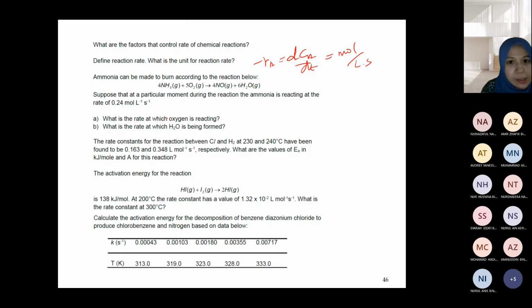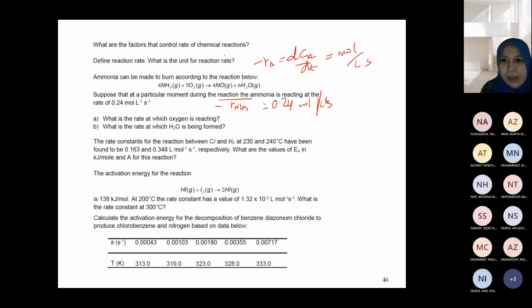So you kena kira sebab dia dah give you during the reaction the ammonia is reacting at the rate of 0.24. Okay, so means that dia dah bagi nilai untuk R NH3. Okay, so nilai dia adalah is equals to 0.24 mol per liter per second.